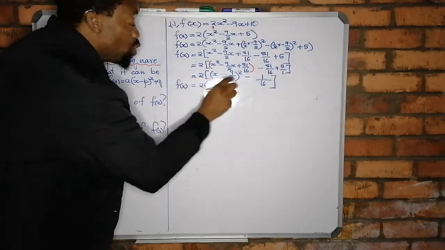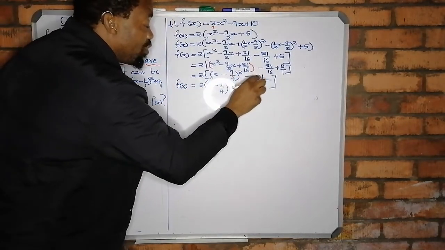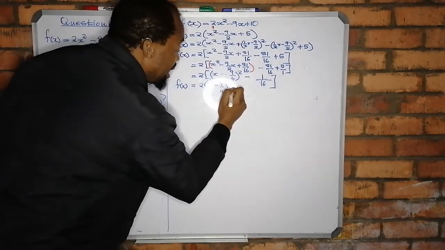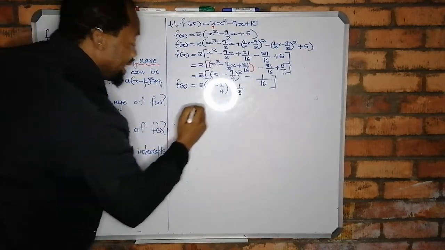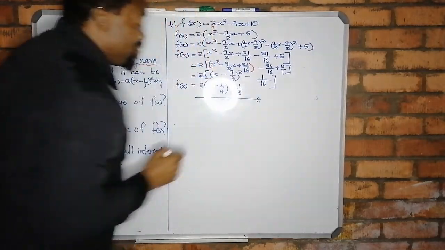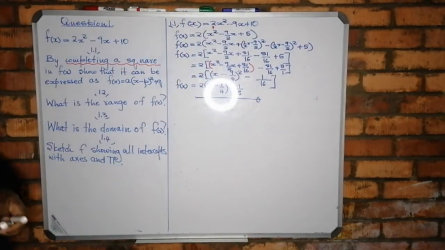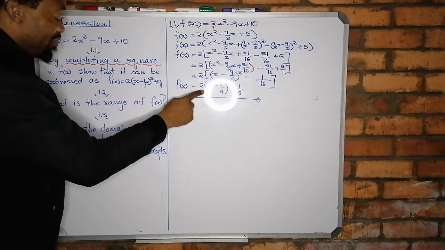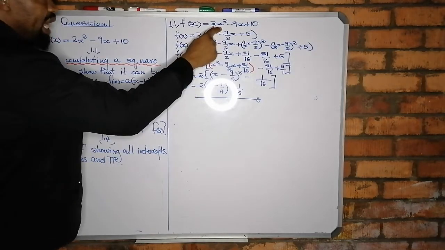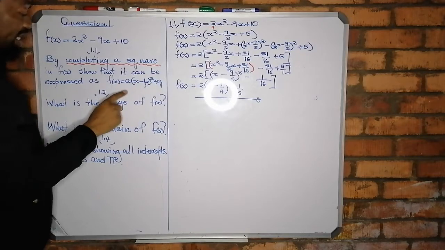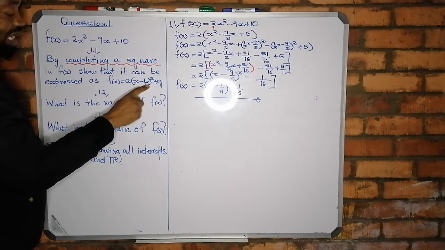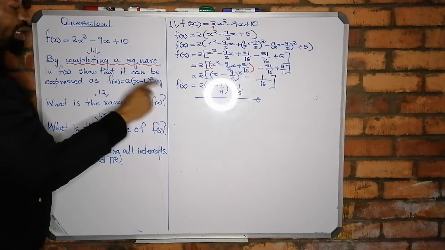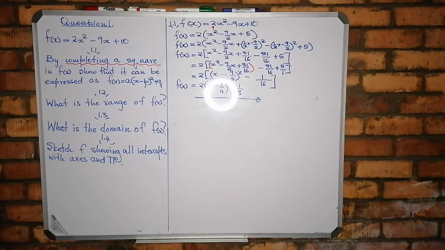I multiply 2 by negative 1 divided by 16. That would give us negative 1 divided by 8. We have completed a square, and we have written this expression or equation in the form a into x minus p all squared plus q.